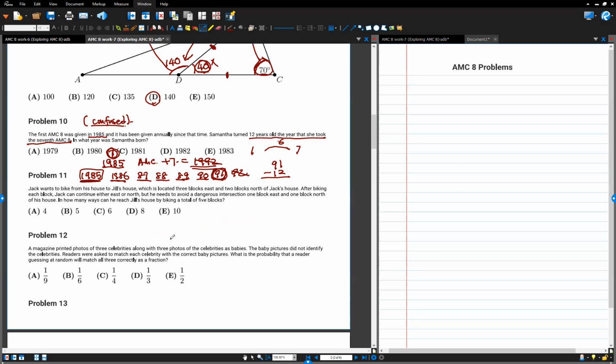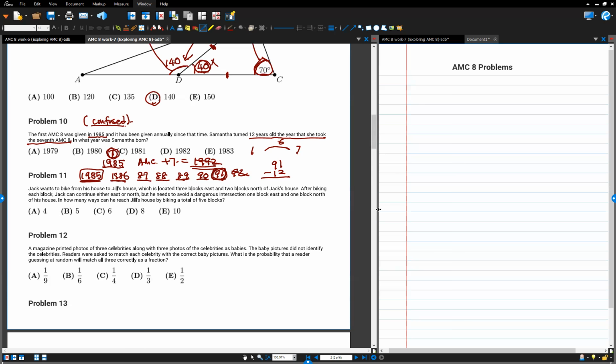Try number 11. Okay, Jack wants to bike from his house to Jill's house, which is located 3 blocks east and 2 blocks north.